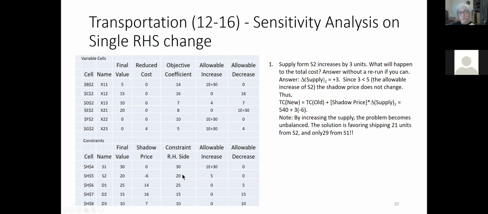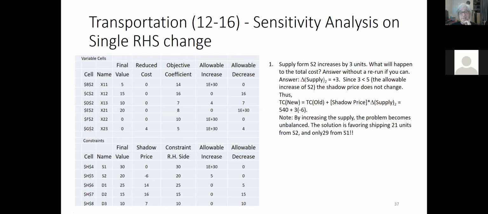This means that when you place 23 here, you are going to use all the 23 units from this source. And so the shipment plan from before is changing. So immediately you know that this solution does not remain optimal.